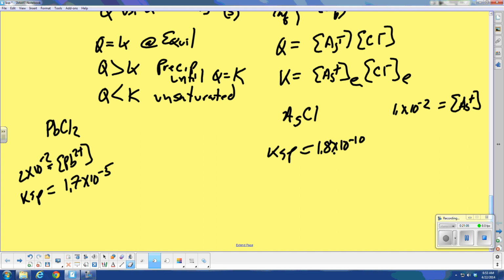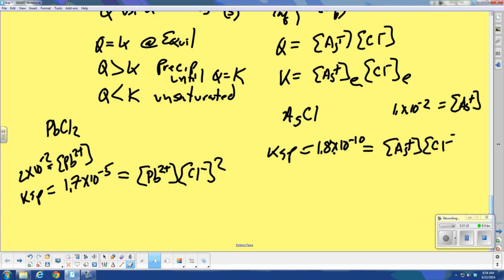Good. So then we're going to set these up. We'll write this expression: this is equal to the concentration of lead 2 times the concentration of my chloride squared. This is equal to the concentration of my silver times the concentration of my chloride, right?